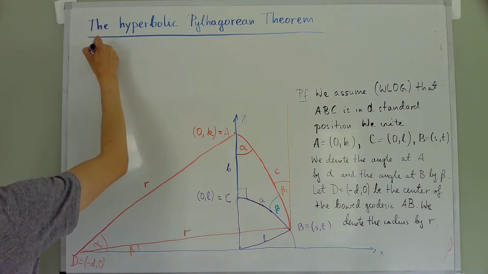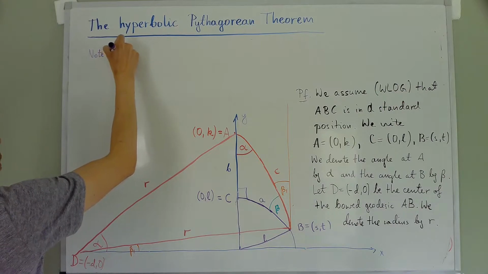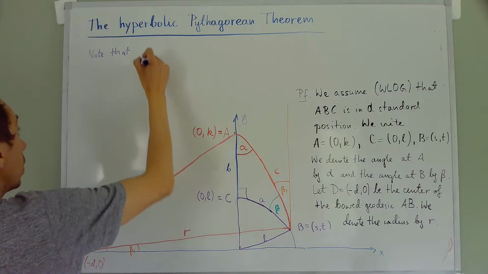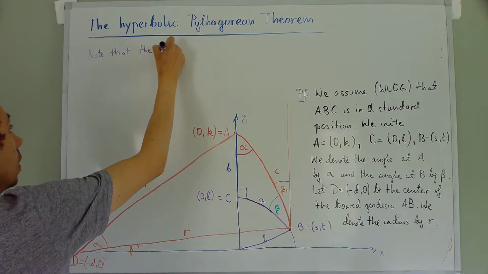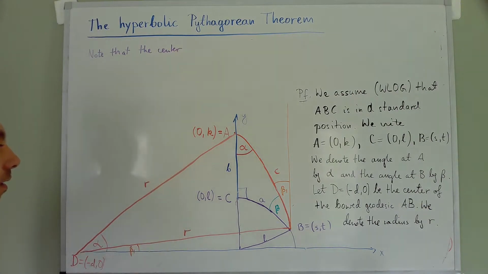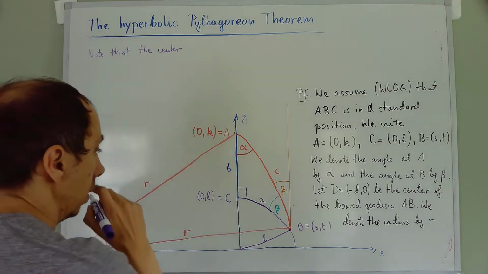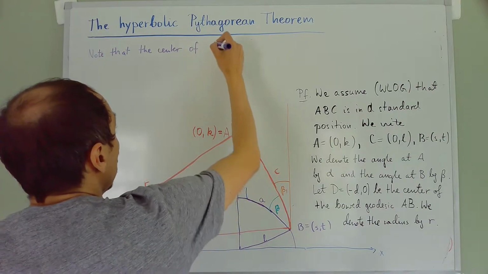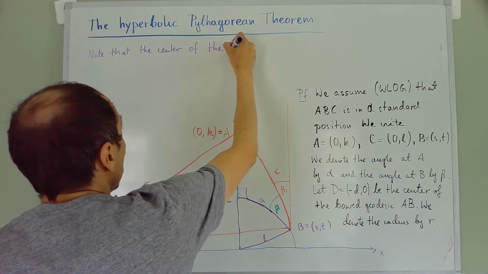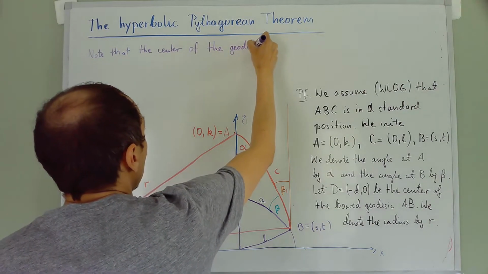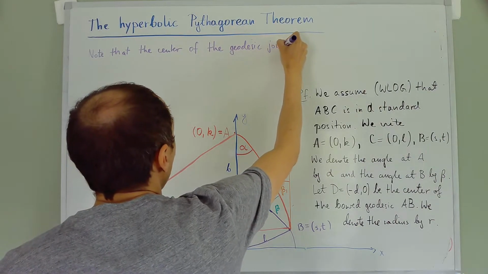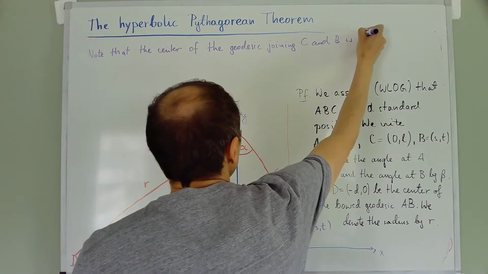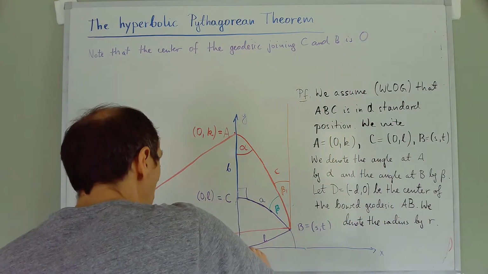So note that the center of the geodesic joining C and B is O, the origin.